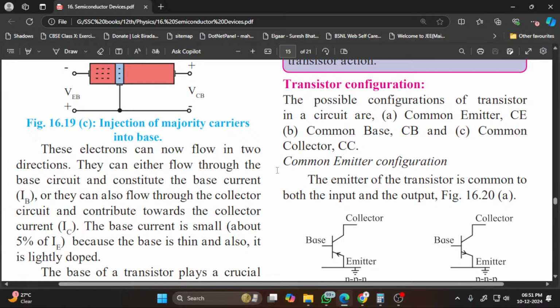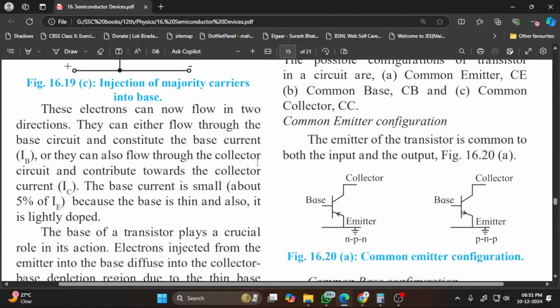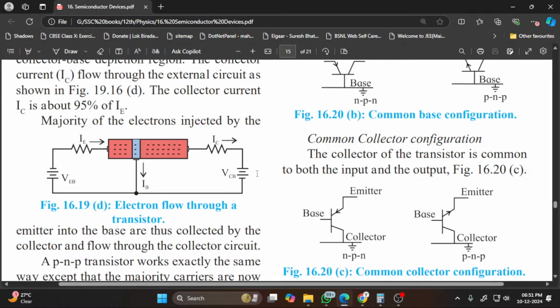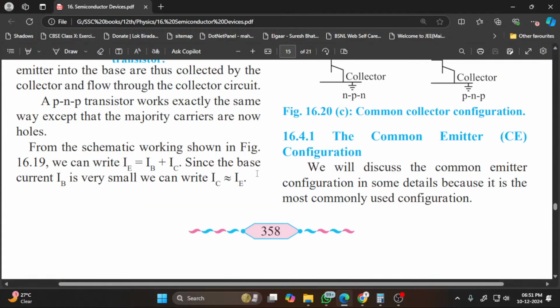The common emitter configuration of a transistor is a connection in which emitter is common to input and output, is shown here, common emitter configuration. Then we have common base configuration where base is common to input and output, and common collector configuration where collector is common to input and output.